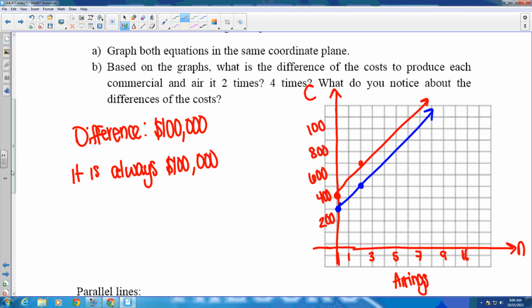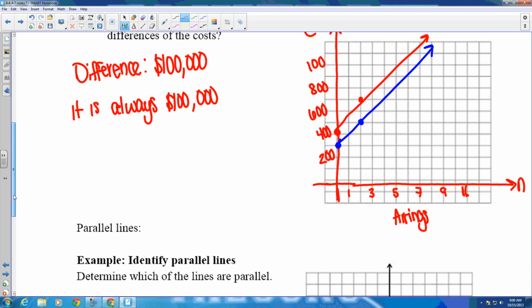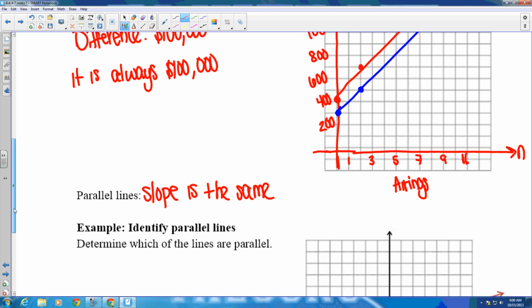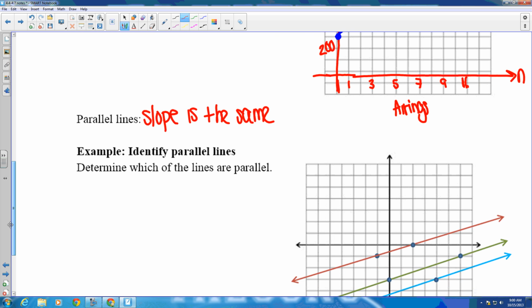And this is going to bring us into our last thing for the section, which is parallel lines. We notice that the slope is the same on this previous problem, as it is with every parallel lines.